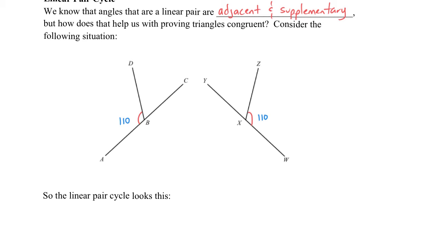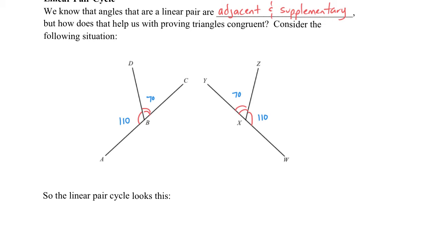If you knew that to be the case, wouldn't you then also know that this angle and this angle would be congruent? They would both be 70. So if you know that this angle and this angle are congruent, and you know that these are a linear pair, then you can also know that this angle and this angle are congruent.